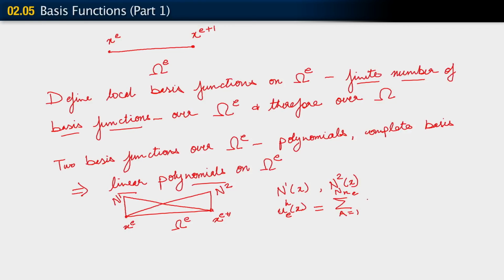So the way we write this is then N_A, a function of position, times some degree of freedom that is being interpolated.